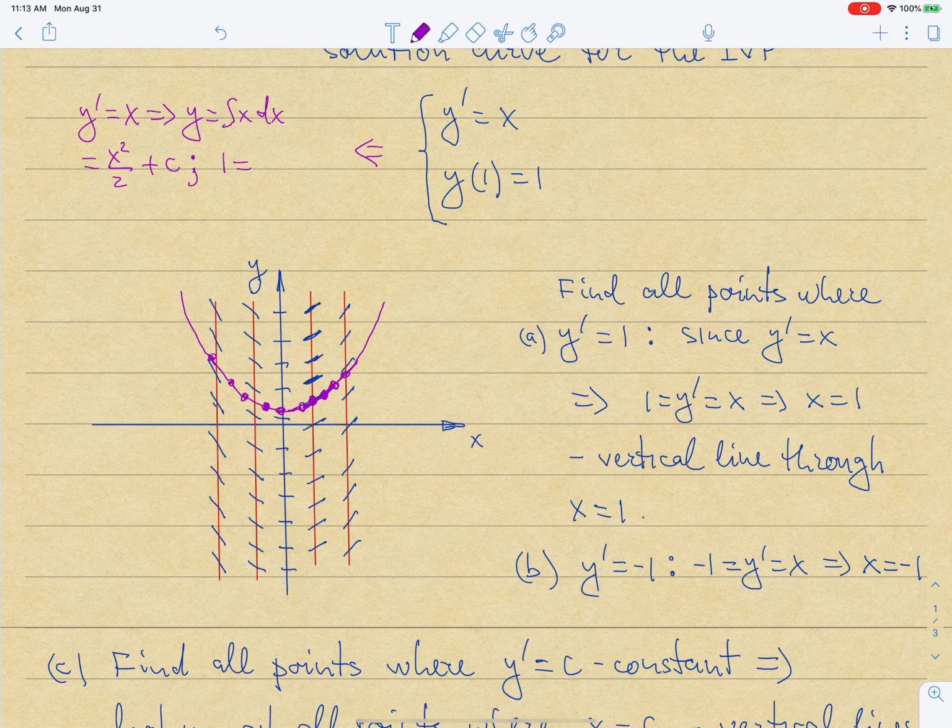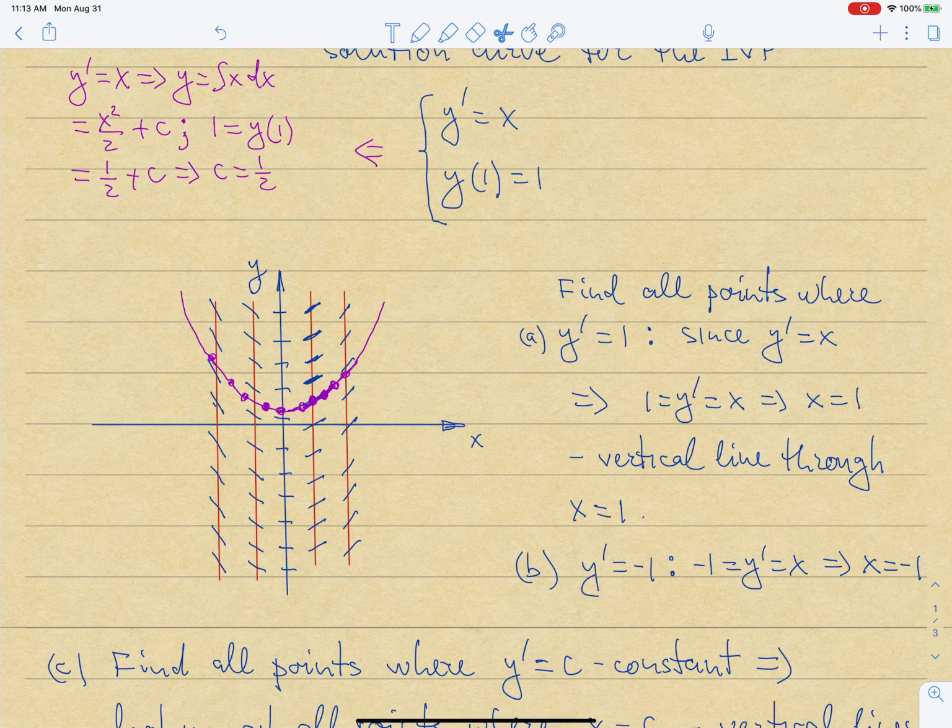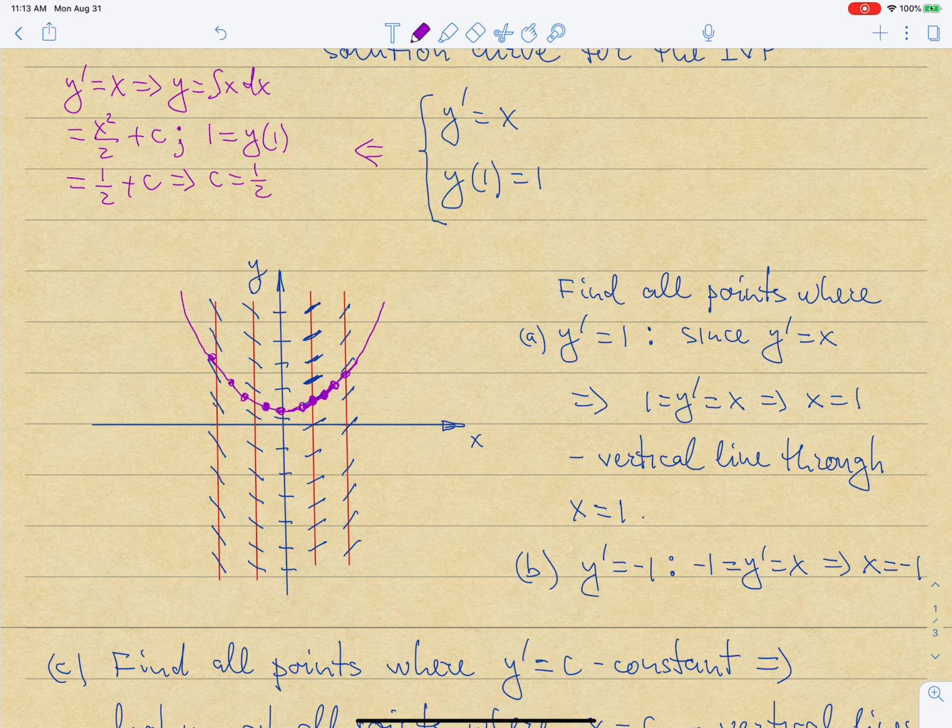So 1 is the same as y of 1, which is the same as this function evaluated at x equal to 1, which is 1/2 plus c. So c must be equal to 1/2. And I do have the explicit solution of my initial value problem. So therefore y is x squared over 2 plus 1/2.